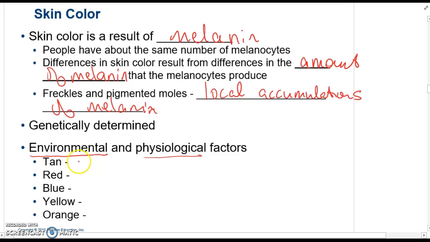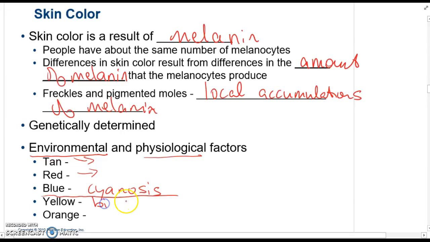So tan could be caused, again, by exposure to sun, so that's more of an environmental factor. Red, like when you're sunburned, that's something else that could be caused by an environmental factor. Blue, it's not saying that your actual skin is blue, although there have been cases of people being blue, we might talk about later, but that's cyanosis.